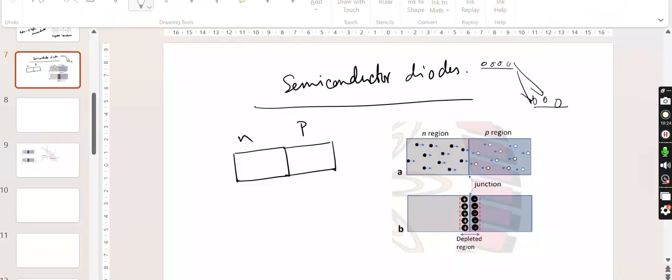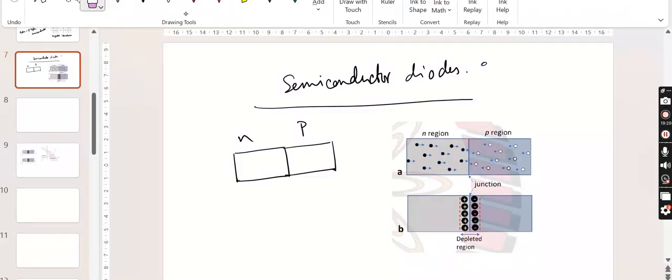So by doing this, what happened? The area adjacent to the junction on the N side will be depleted of electrons, so it will have a positive sign. And in the area around the junction on the P side, all the holes have been recombined with electrons, so that basically forms a negative charge there.